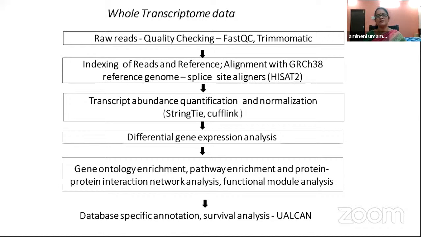Differentially expressed means there are two types: overexpressed or underexpressed. These genes we need to identify. Then, once the differentially expressed genes are available, we again need to check gene ontology enrichment, pathway enrichment, protein-protein interaction networks, and functional module analysis. We will see these things in the coming slides.